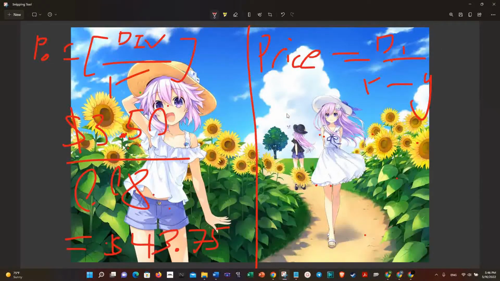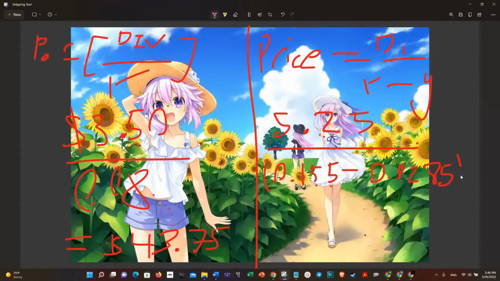So it'll be 5.25 over 0.155 minus 0.0285. You can either solve this by hand or plug it in the calculator, and you'll get 41.5. And that will be in dollars, as this is your price.